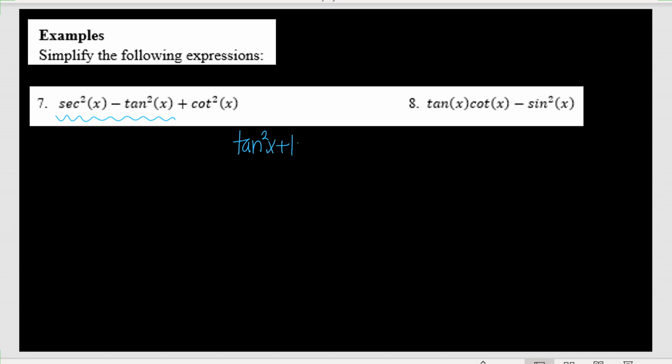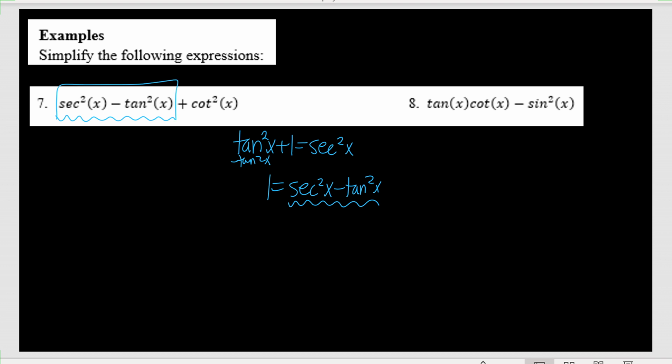Tangent squared of x plus 1 equals secant squared of x. So if I subtract tangent squared on both sides of the equation, I'll get 1 to equal secant squared of x minus tangent squared of x. Perfect. That's exactly what I needed.